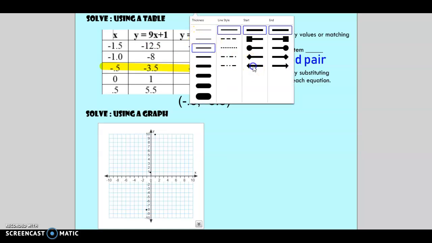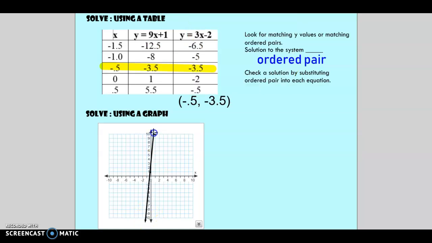So I can go ahead and graph that. Then I could also graph y equals 3x minus 2, again starting with a y-intercept of negative 2 and a slope of 3, which would be up 3 over 1 or down 3 over 1. And this is still pretty steep but not quite as steep.